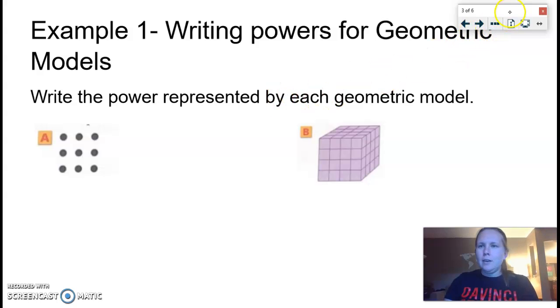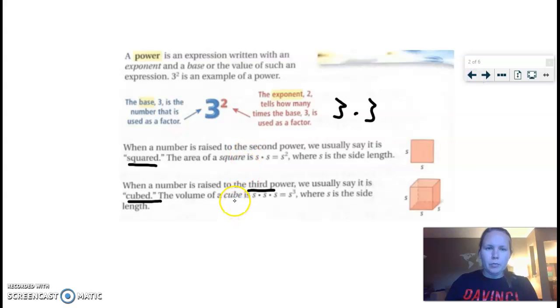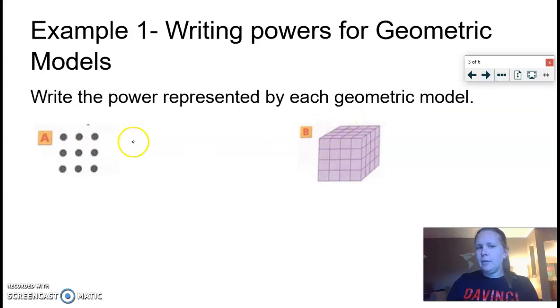All right, so here are our first examples. This is example 1, writing powers for geometric models. Write the power represented by each geometric model. This is a lot like what I was just saying, if we've got squared or if we've got cubed. Basically, I want to know how many dots or squares are in each one, and then figure out what number to what power would give me that.